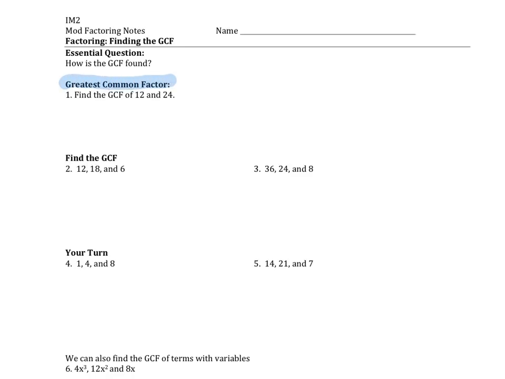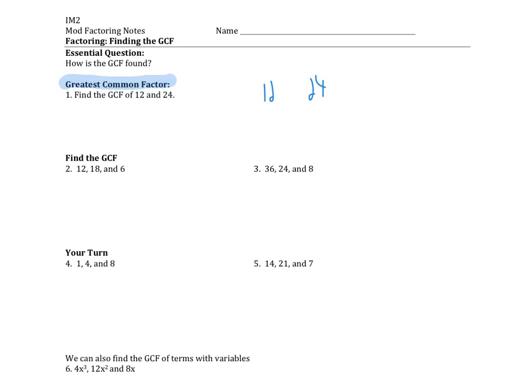And so the greatest common factor is the biggest number, or biggest thing when we get into variables, that all terms involved have in common. So if I look at 12 and 24, what is the biggest number that goes into those?